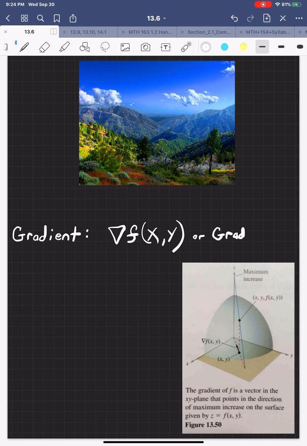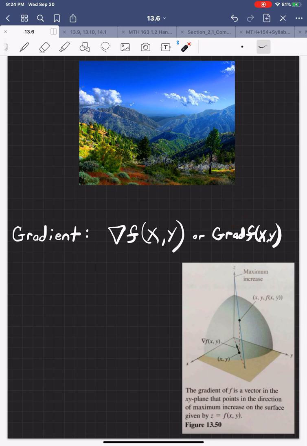I'm trying to think, I'll find out in just a second, grad of f. This is what I think it is. So they'll just put grad.